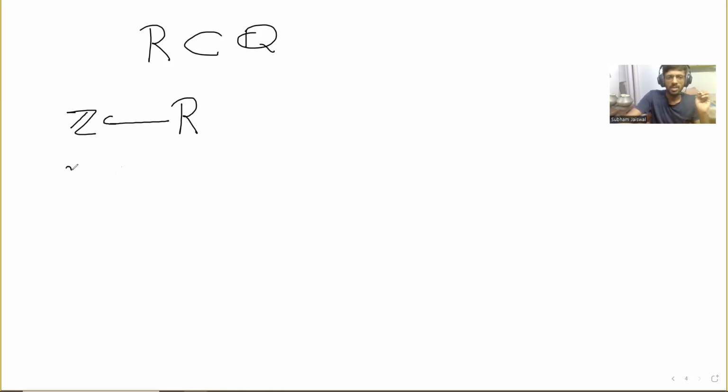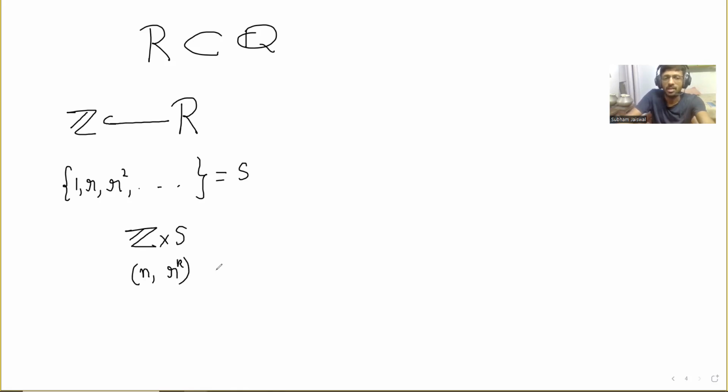What that just means is you take Z, and you take this multiplicatively closed set, closed under multiplication, and call this S. Then you are formally constructing a ring, with the understanding that this is understood as n by r to the k, and using that you put relations on this.